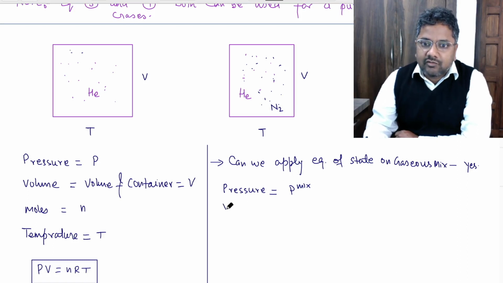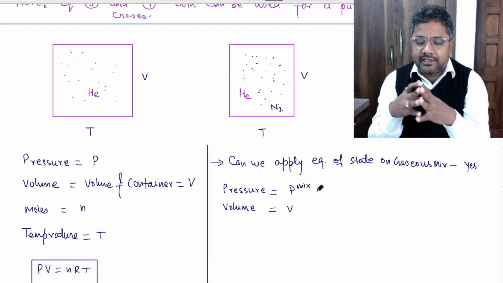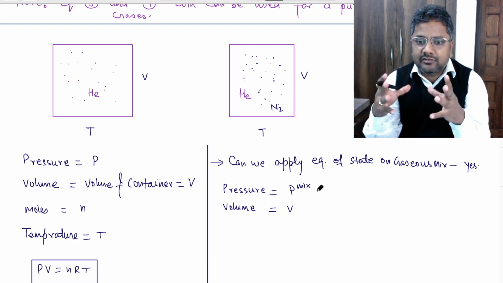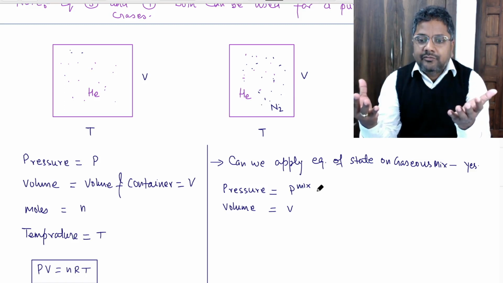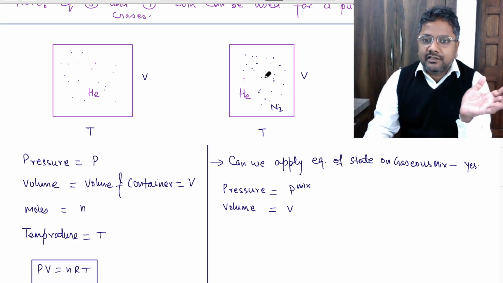And what is the volume? Volume is equal to V. There is no V mixture or anything like that in the case of gases, because V is the volume of the container. Whatever the volume is here, both gases will occupy that same volume.